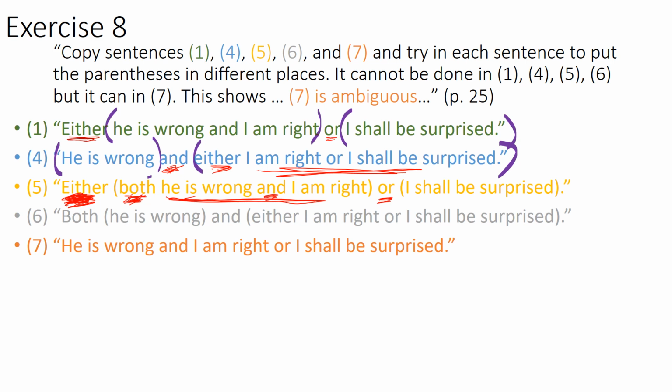So number 6 says both he is wrong and either I am right or I shall be surprised. Okay. So it's really the same as number 4. So the word both starts out the sentence, so you suspect that the and will be dominant.